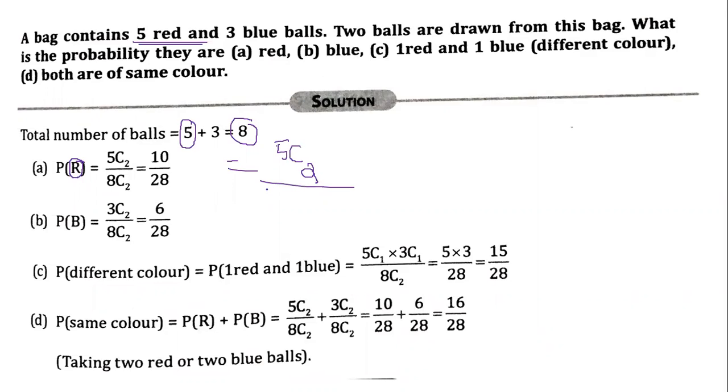And there are totally 8 balls in the bag, out of which also we are selecting 2, which means we are only taking out 2 balls, and those 2 balls should be red in color.